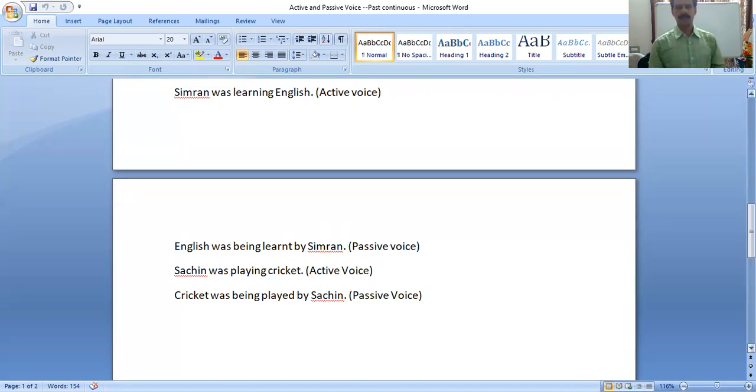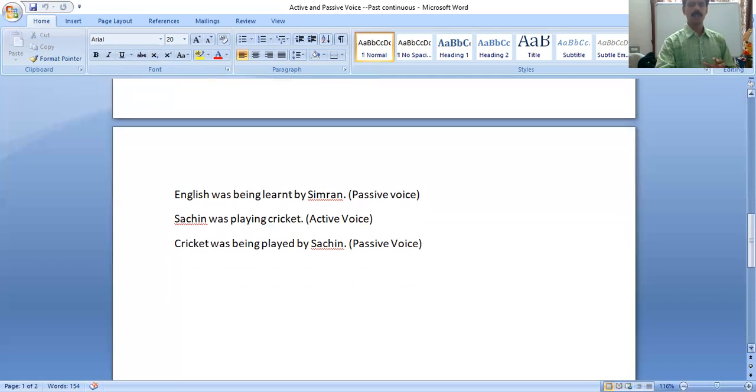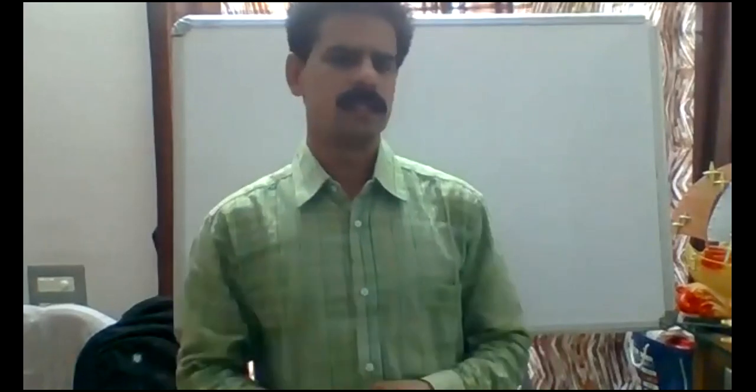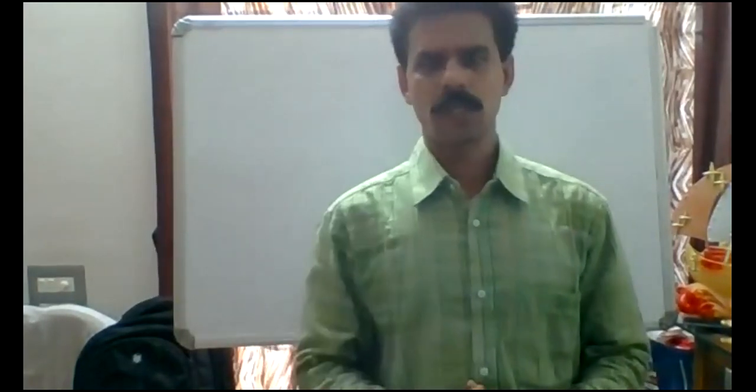So in every way we have tried, whichever method is the easy one that you can adopt and remember, you must use it. Okay, this is the passive voice of the present continuous and the past continuous.